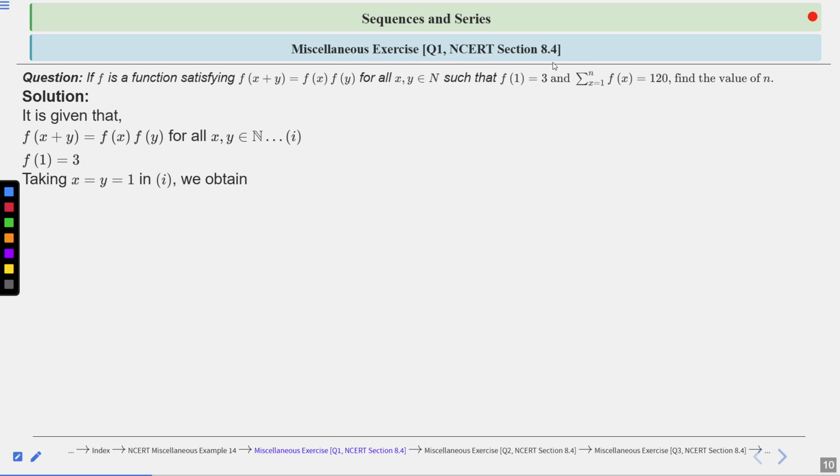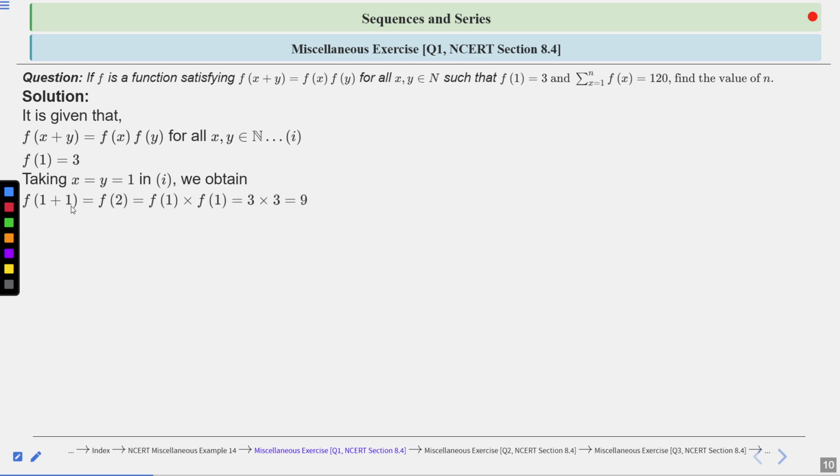We can write this summation as f(1) + f(2) + f(3) + ... + f(n) = 120. We need to find all the possible values of f(1), f(2), f(3), f(4), and so on. So here f(1) = 3. Now we need to find the values of f(2) and f(3) respectively.